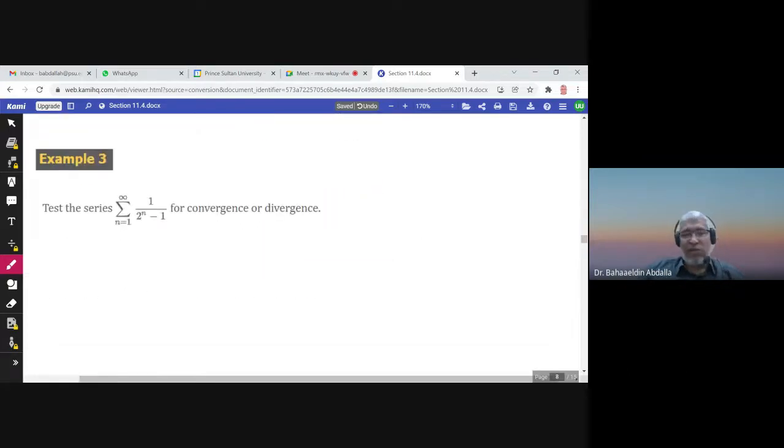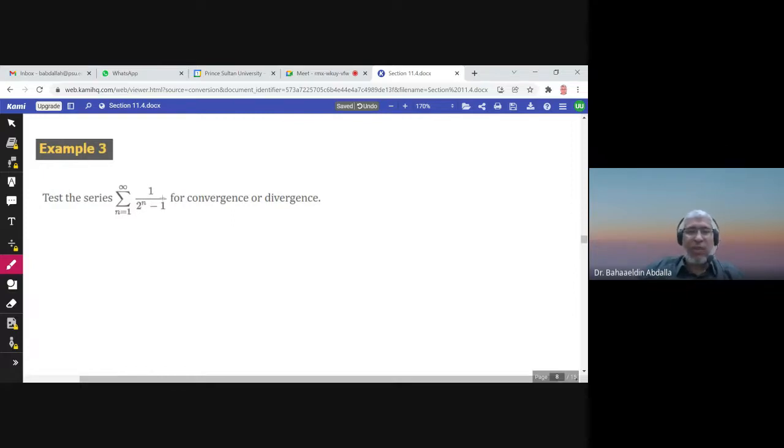For example, this series, test the series. Well, we know that this is a_n. And what is b_n? We know how to find b_n. It is 1 over 2 to the power n. We take the highest power, or the term that really controls the situation when n goes to infinity.